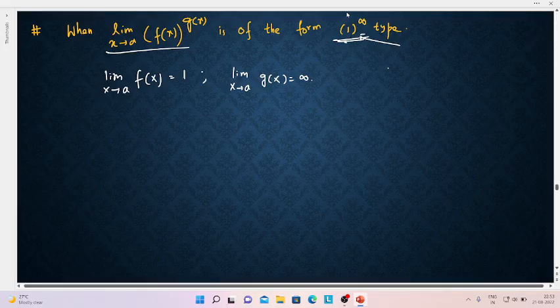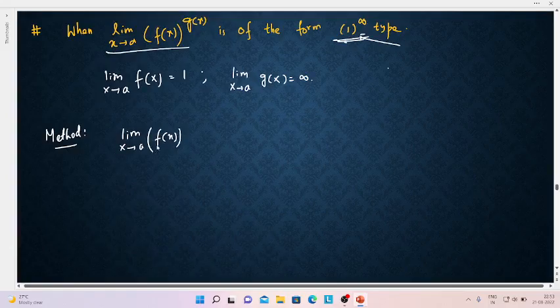So basically the method is: the limit as x tends to a of f(x) to the power g(x) is nothing but e to the power of the limit as x tends to a of (f(x) minus 1) times g(x).